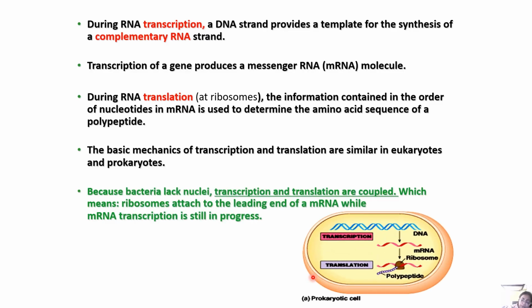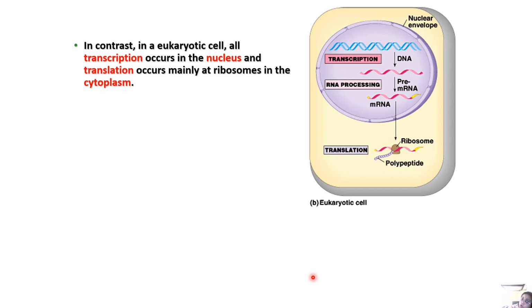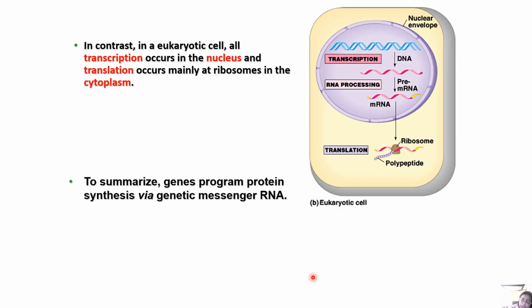Because bacteria lack nuclei, transcription and translation are coupled, which means a ribosome attaches to the leading end of the mRNA while mRNA transcription is still in progress. In contrast, in a eukaryotic cell, all transcription occurs in the nucleus and translation occurs mainly at the ribosomes in the cytoplasm. To summarize, genes program protein synthesis via messenger RNA.